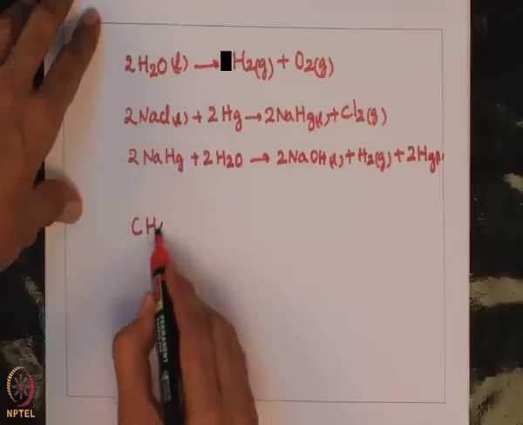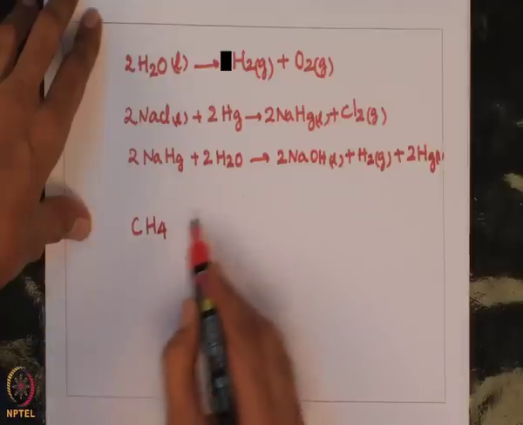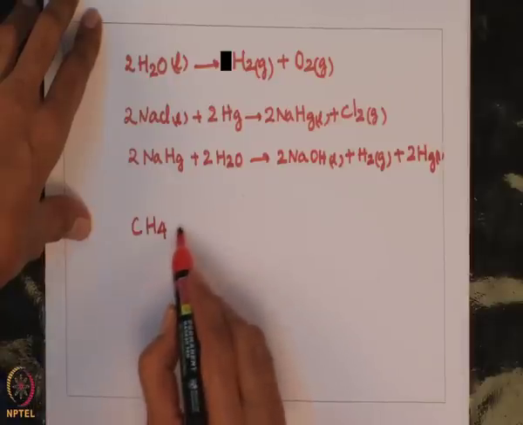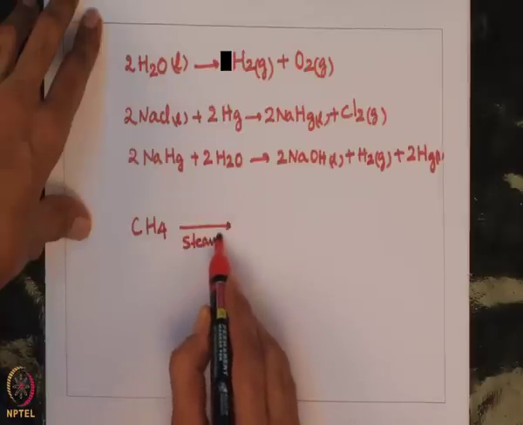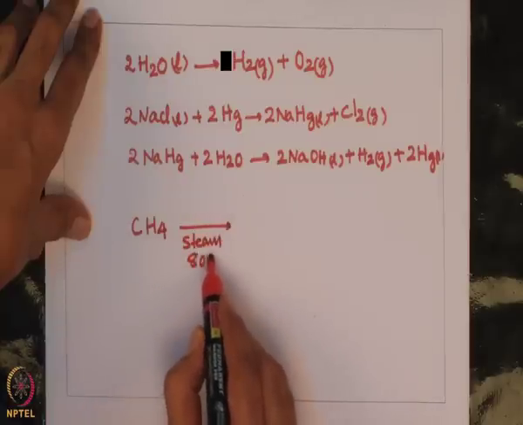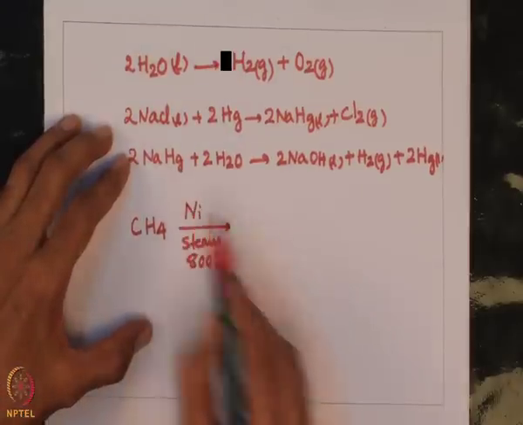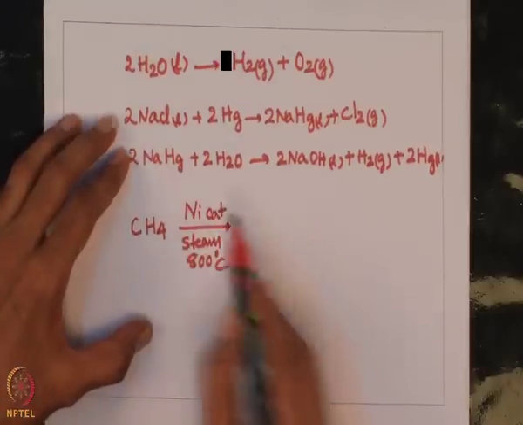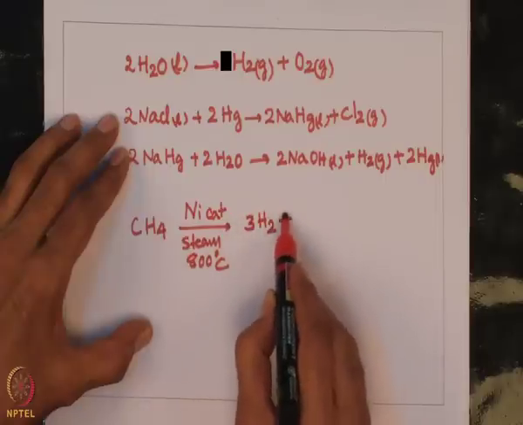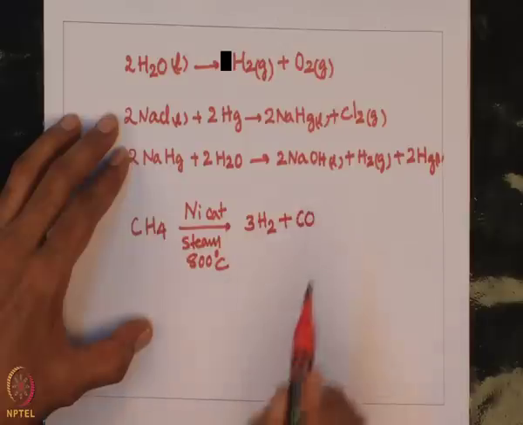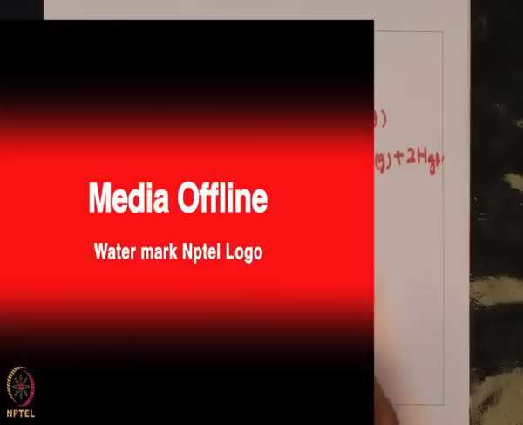So, in the reformation of hydrocarbons, methane is subjected to steam at 18 degrees centigrade using nickel catalyst. So, that leads to the formation of hydrogen and CO. This is called syngas.